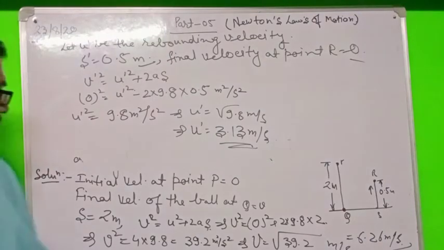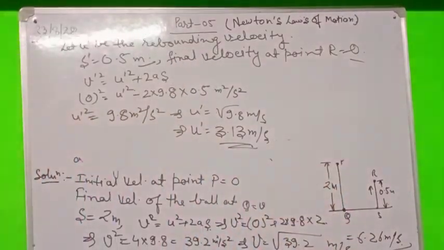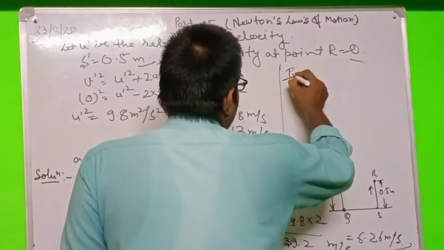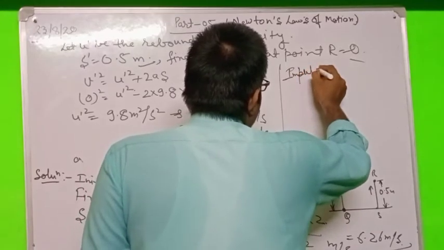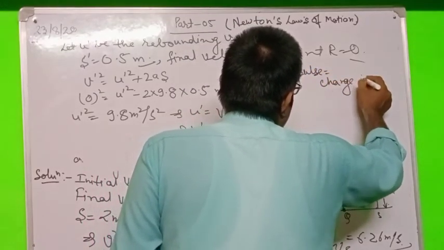So you have calculated the velocity of approaching this point and the velocity of rebounding from this point, v and u dash. Now impulse is equal to change in momentum.